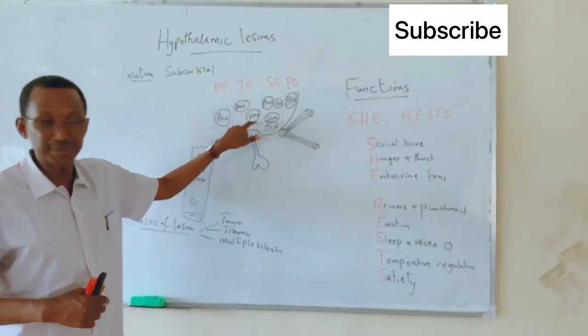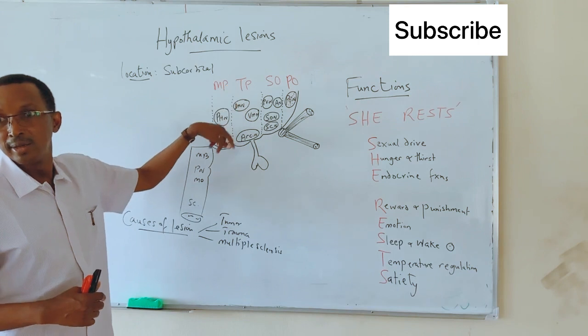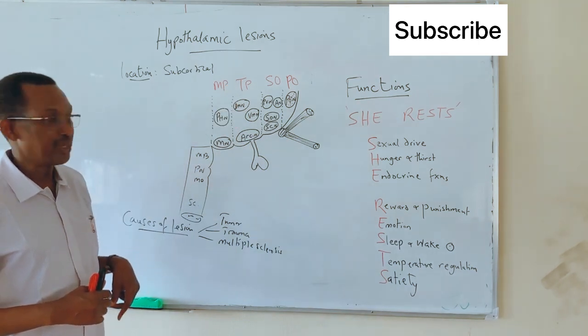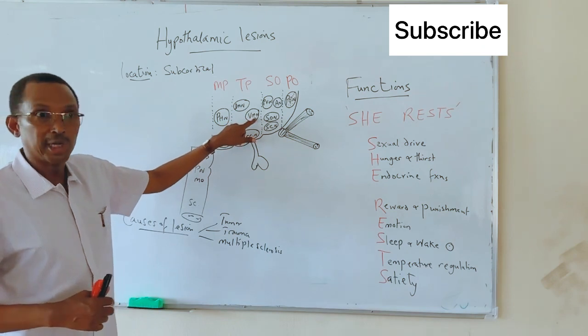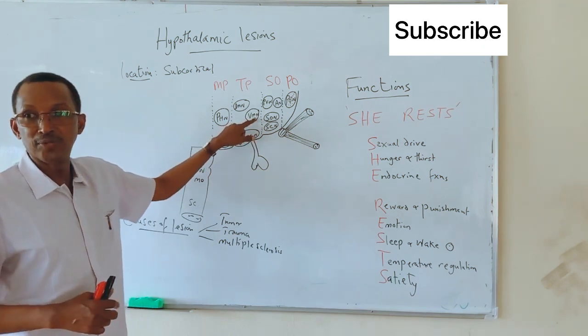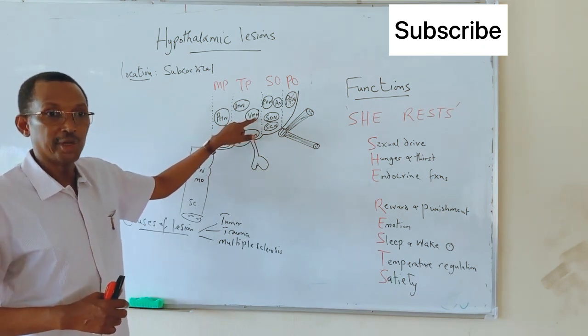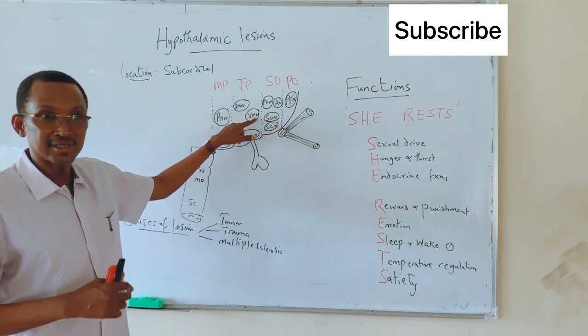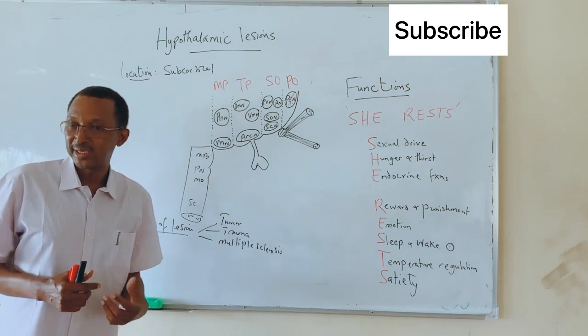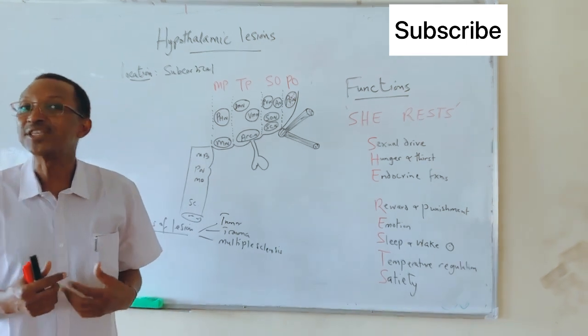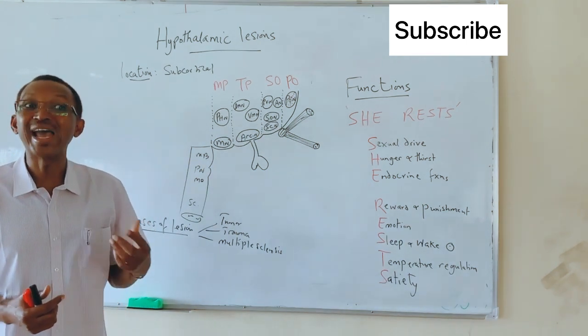The ventromedial nucleus, still in the tuberal portion of the medial part of the hypothalamus. This ventromedial nucleus is responsible for the control of our feeding behavior. That means when you eat, you feel satisfied. That is what we call satiety.